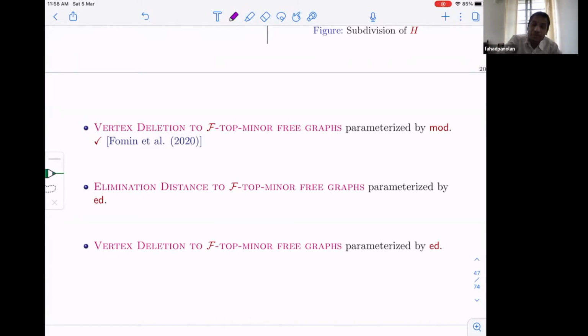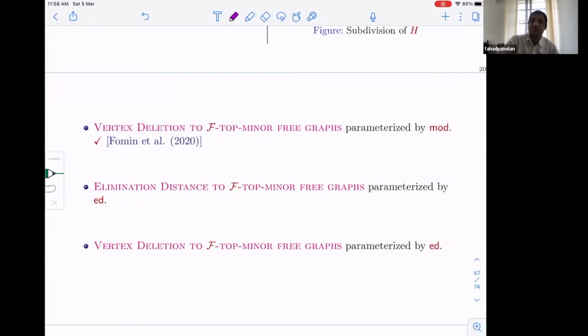For the first problem, there is an FPT algorithm which is very recent, and there is no simple algorithm like what we have seen for the previous case. This is a very complicated algorithm, and to adapt that is a very difficult thing.